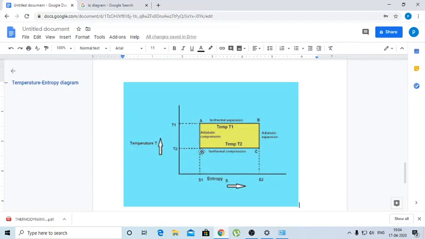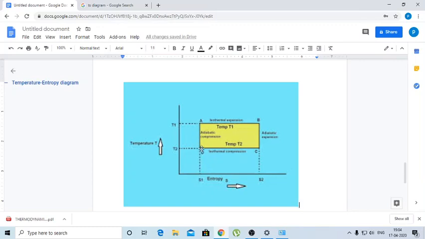Then the last stage, D to A, adiabatic compression. Change in entropy is 0 as it is an adiabatic process. So entropy value stands at the point S1 only.